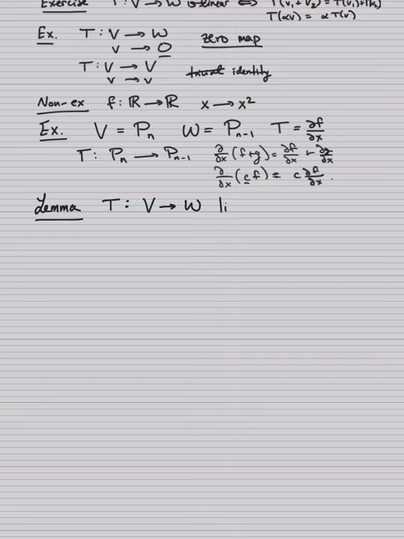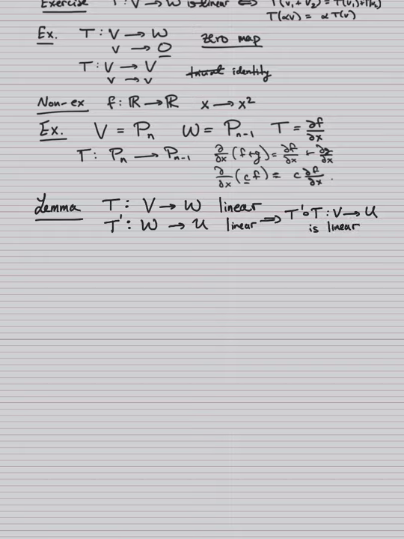So T from V to W is linear, T prime from W to U is linear. This implies that the composition is linear. Oops, I think those are the wrong letters. Let's see, V to U is linear.